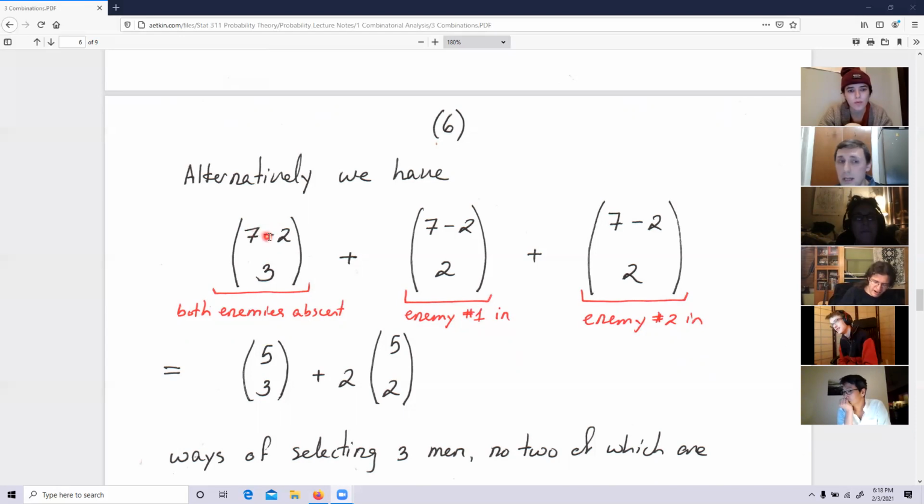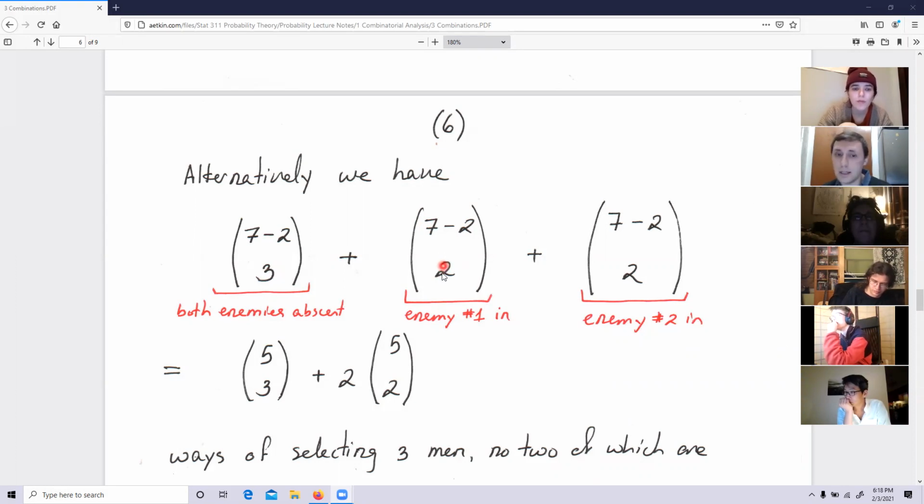I cannot choose the enemies, they're not available. 7 minus 2, choose 3. 5, choose 3. Yes, and here it's still 7 minus 2 because I just put the number 1 in, but not the number 2. So number 2 is thrown away, number 1 is in. I am left with 5 possibilities, and of them I need to pick 2.